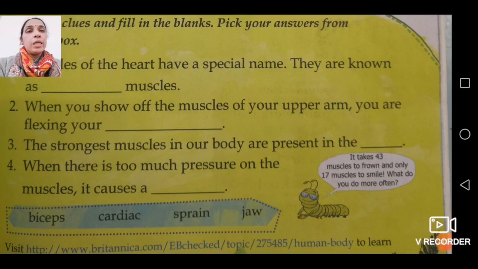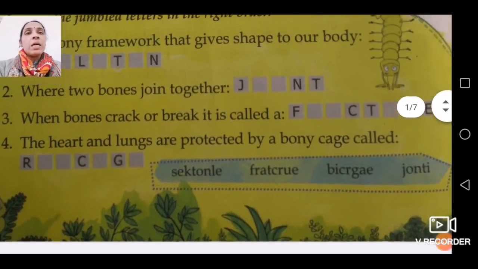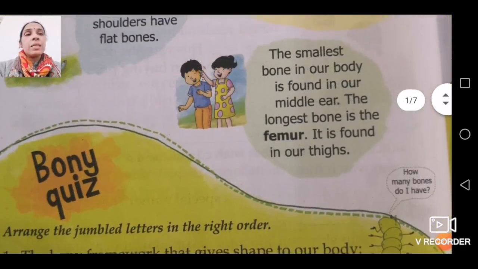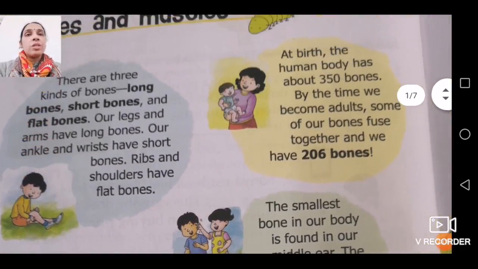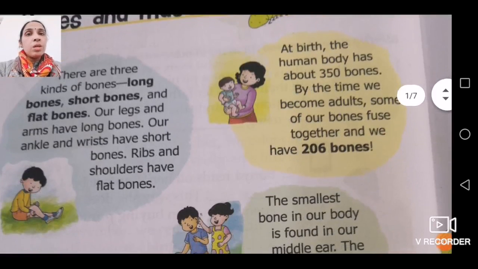So children, here in today's session we have seen bones and muscles. Earlier we have seen facts related to bones. I'll make you revise once again the last time, and then I'll finish the class. Bones, there are 3 types of bone: long bones, short bones and flat bones. Our legs and arms have long bones, and our ankle and wrist have short bones.